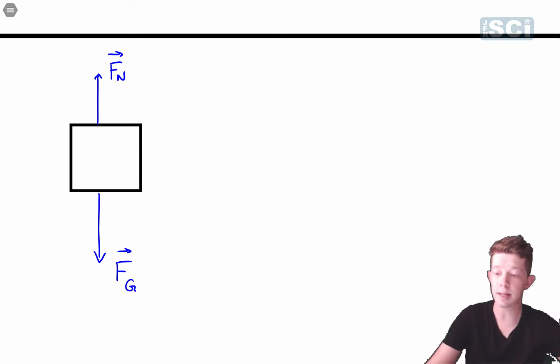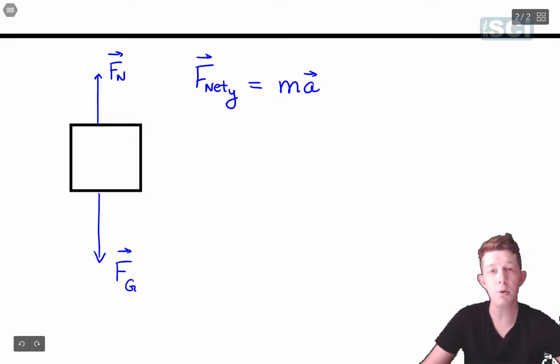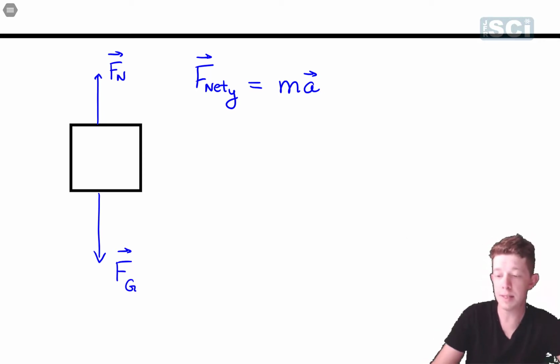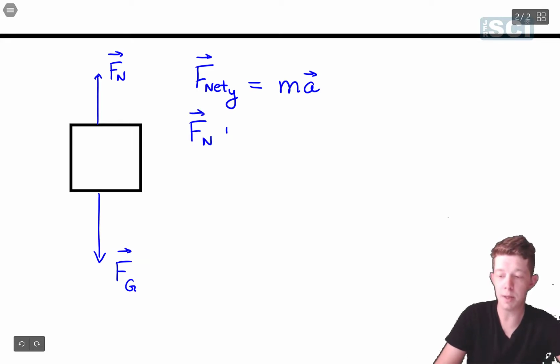Now, using Newton's second law, we can say that the net force acting on Captain Royal is equal to his mass multiplied by the acceleration. And the net force and the acceleration are both vectors, so we should put the arrows above them. Working out the net force, we have the normal force as a vector plus the gravity force as a vector is equal to the mass multiplied by that acceleration.